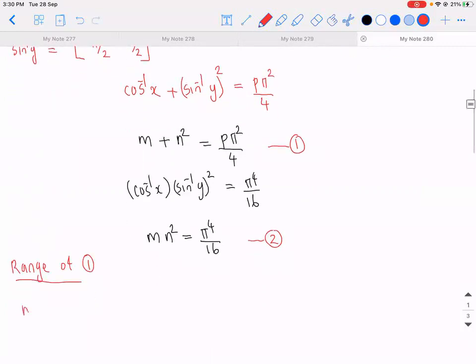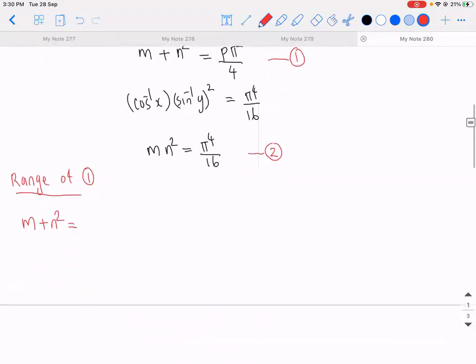That means the range of m plus n square. That is my first step. The range of m, that is cos inverse of x, is between 0 and pi. And the range of n is minus pi by 2 to plus pi by 2.